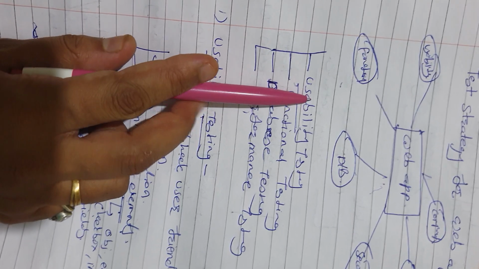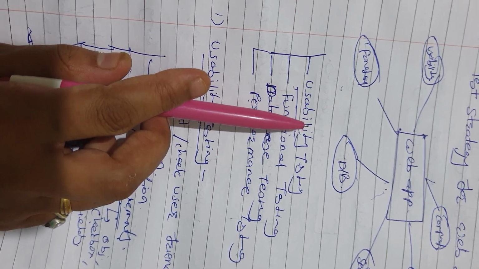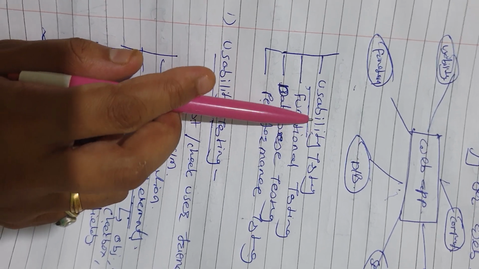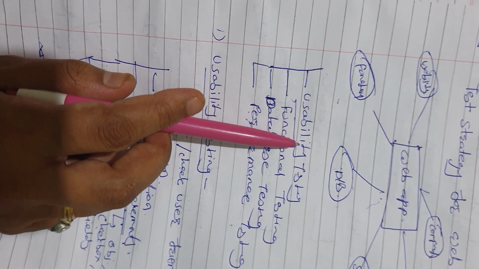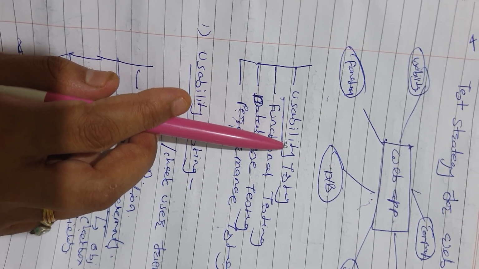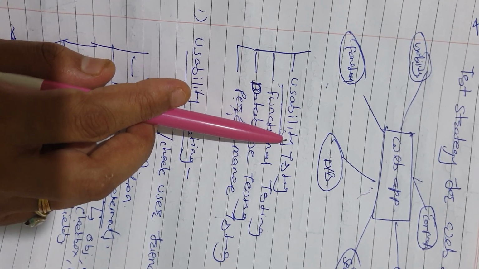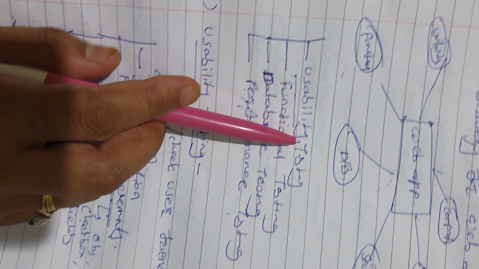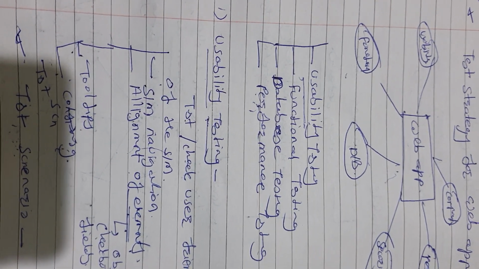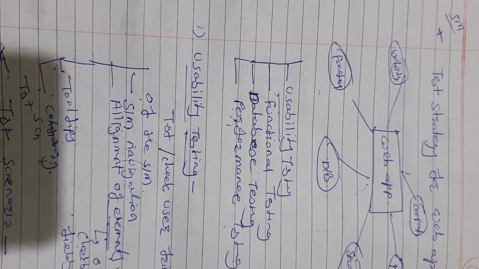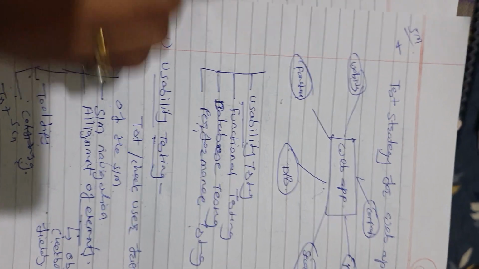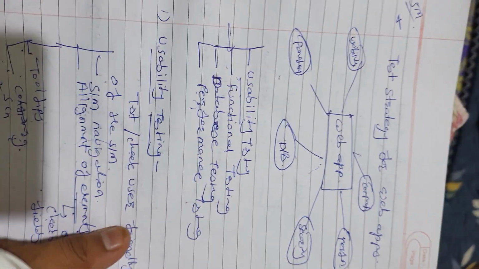And in test case scenario, check web content, meaning all web pages in an application should be correct without any spelling mistake or grammatical errors. Navigation should also be simple, with no complex navigation. All fonts should be the same as per requirement. This is usability testing. Second one is functional testing.